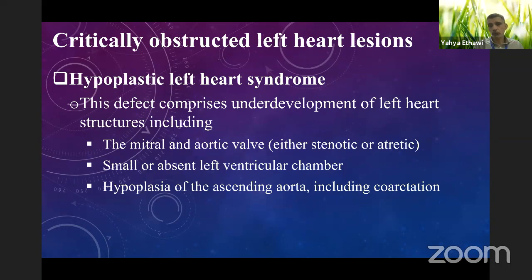Or it can present with hypotension or even shock. In that situation, you can see the left side is completely hypoplastic to various degrees. It might include aortic stenosis, and it might also include coarctation of the aorta or interrupted aortic arch. There are various types of hypoplastic left heart.